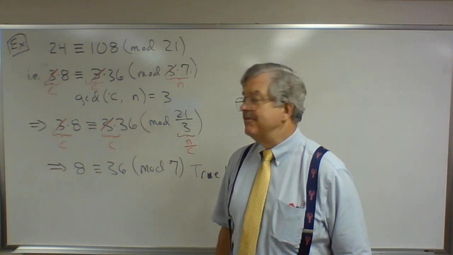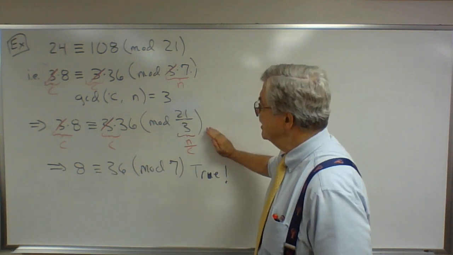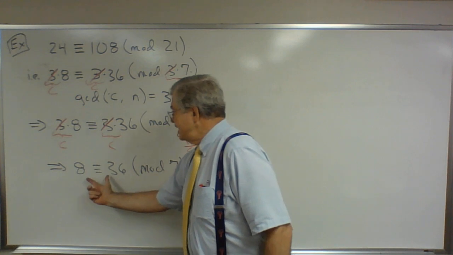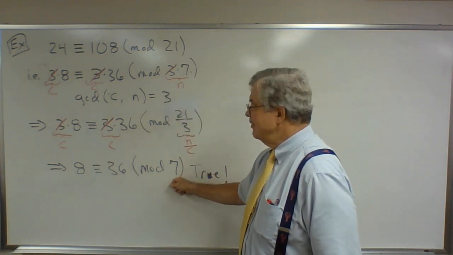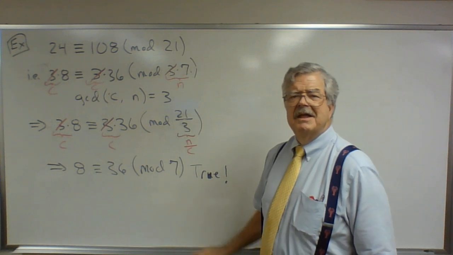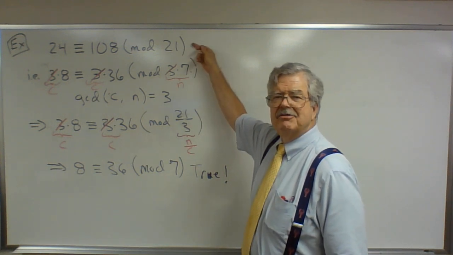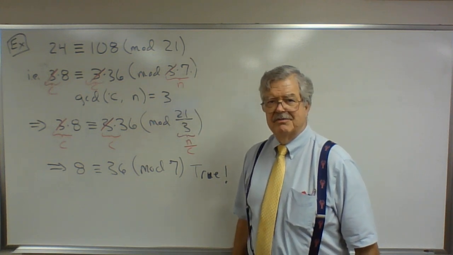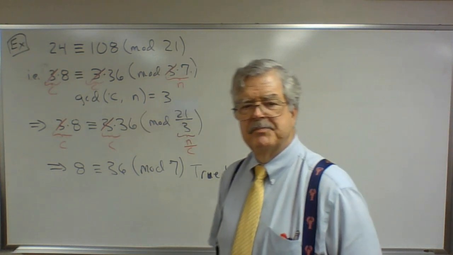And that may involve applying this technique where we cancel out the common factors and we get a congruence mod n over c, and take that solution and work backwards to get all possible solutions of the original congruence. That's why we're interested in this sort of thing.